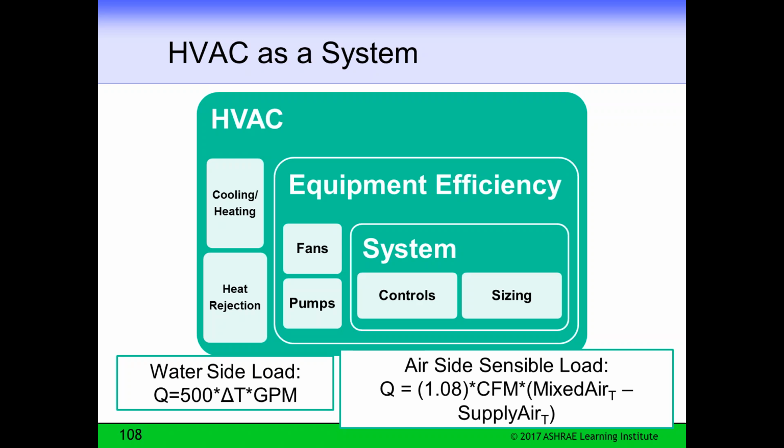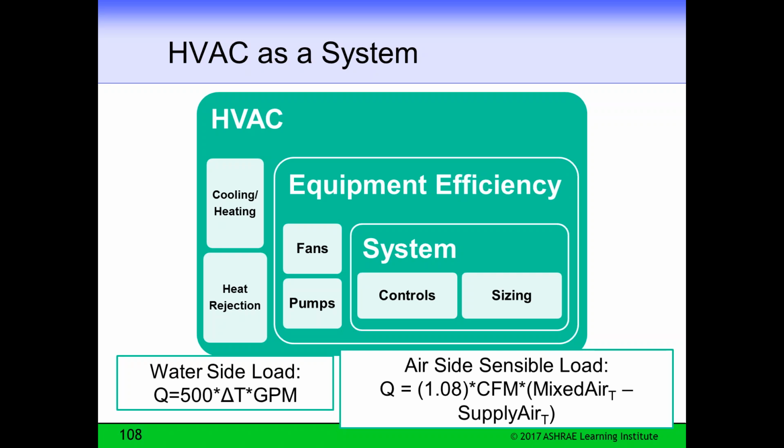So on this, it's 1.08 times CFM times some delta T. Now, if it's a delta T across a cooling coil, it'll be what's shown here, mixed air minus supply air. But if it's a delta T in your room, it would actually be the temperature the thermostat is set at for cooling minus the supply air temperature.